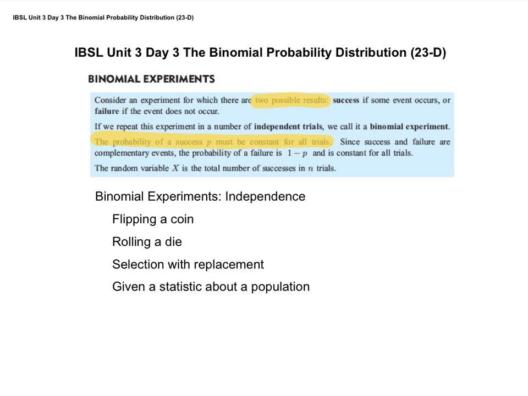So for example, if we know that 20% of the population of the U.S. falls into a certain category, if we're selecting people out of a list and seeing if they're in that category or not, okay, even though we're not going to pick the same person twice, we're not replacing them, there's over 300 million people. So taking one person out is not going to change our probabilities, right?